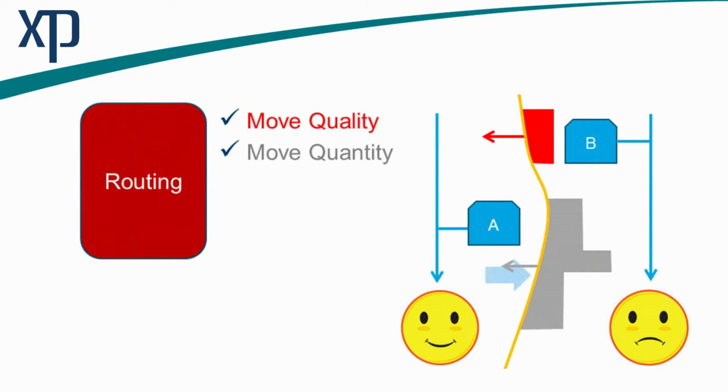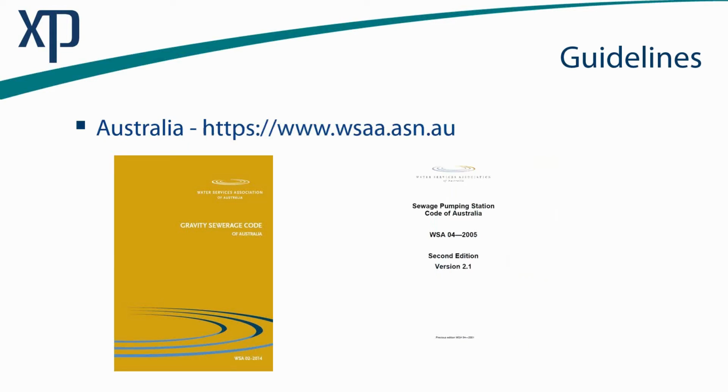And of course, the quality impacts do directly affect those permitting or regulatory requirements for discharge. Here in Australia, there are some core guidelines that hopefully everyone is aware of, but one point I'll make note of, in having a chat with a few engineers over the last short period, some people weren't aware there was actually an update to the Gravity Sewerage Code of Australia, which is WSA 02, mid last year.